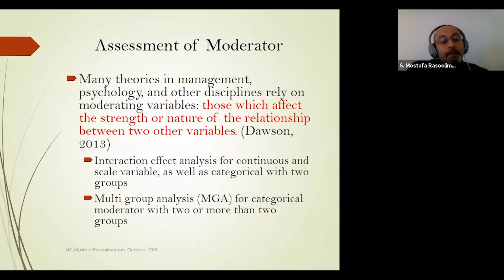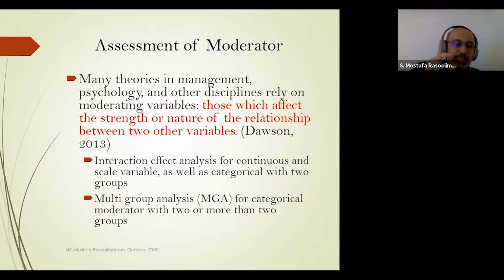If the moderator should be assessed only for a few relationships, a few effects in our framework, it's better to apply interaction effect. But if the moderator moderates the relationships between all variables, all effects in our framework, it's better to apply multi-group analysis, even for a continuous variable.